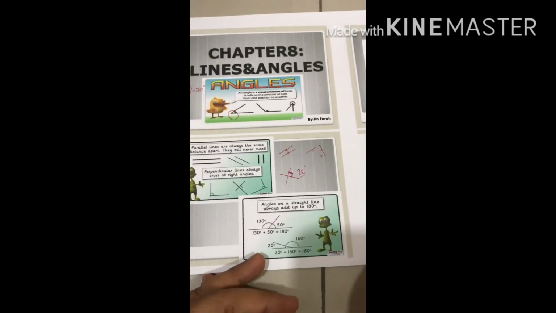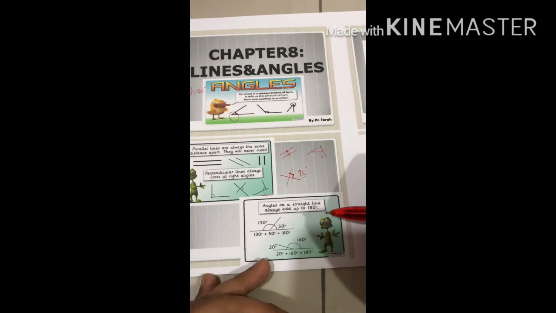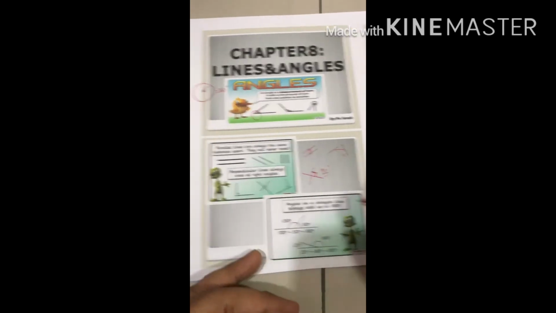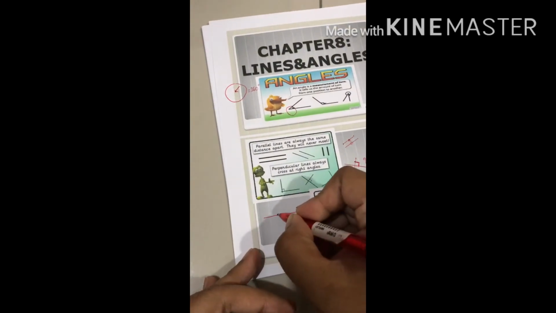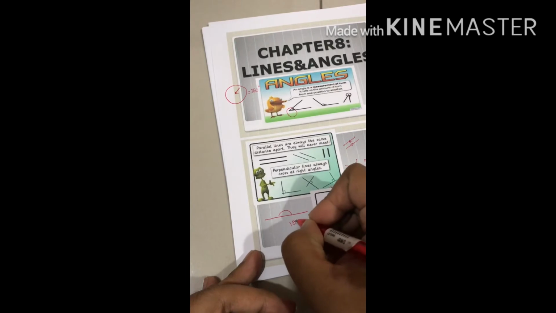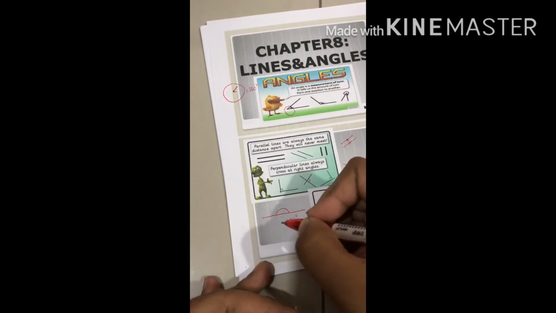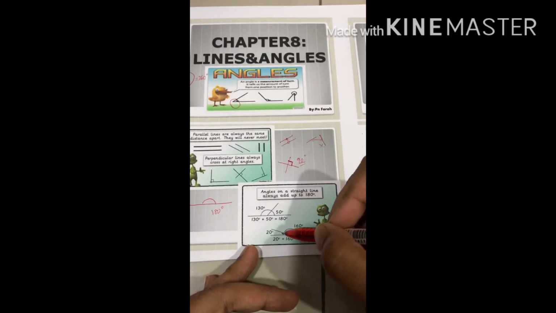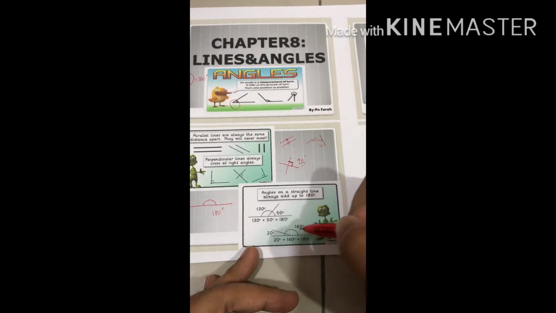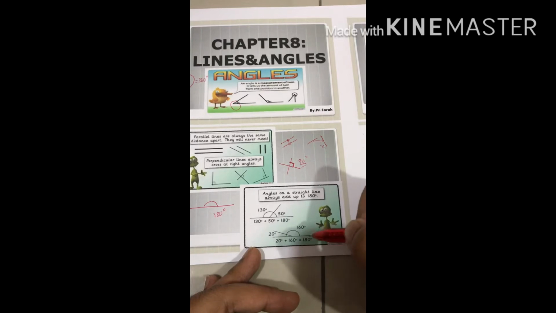Angles on a straight line always add up to 180. If you look at this straight line, it is actually equal to 180 degrees. Any straight line must add up to 180.